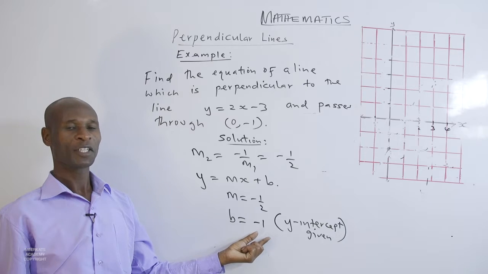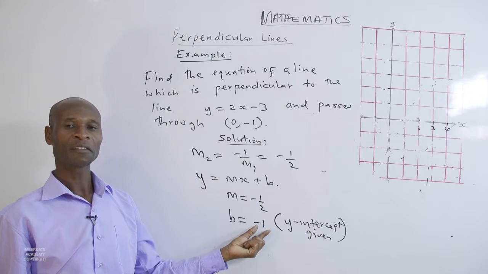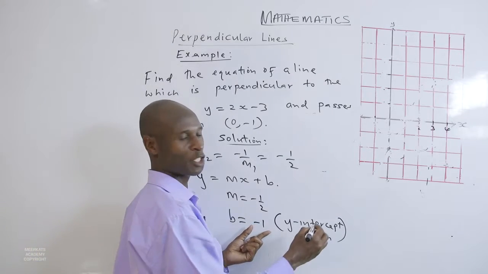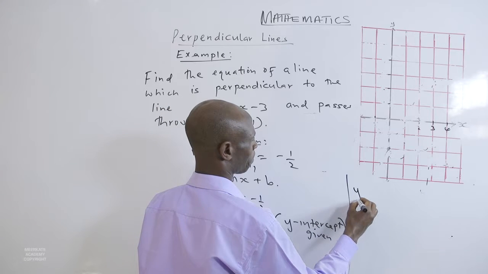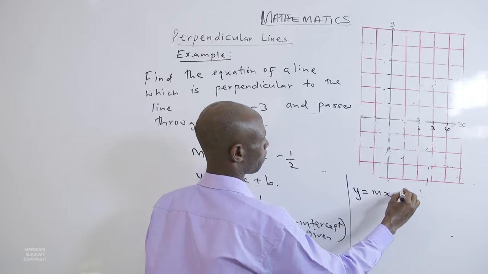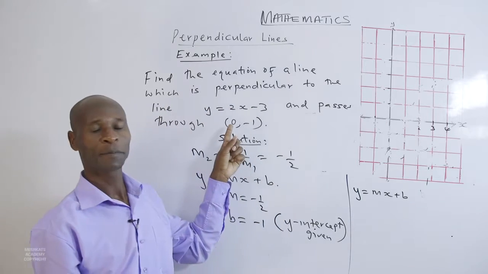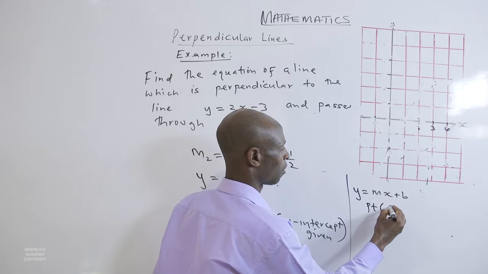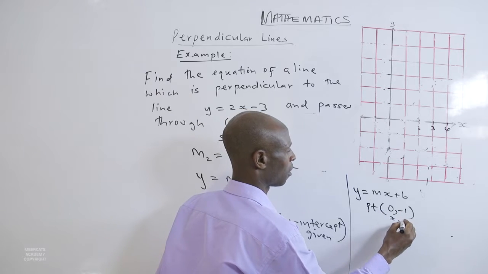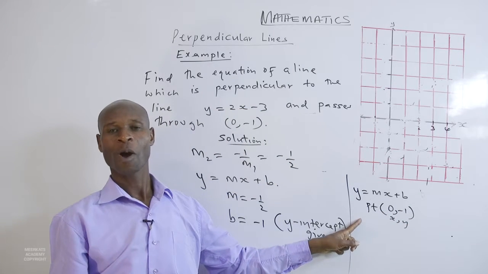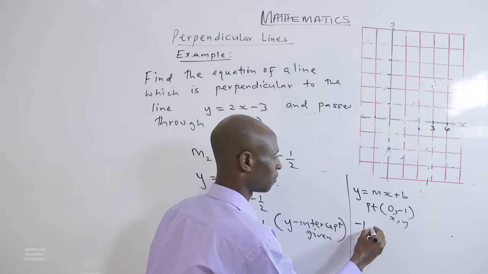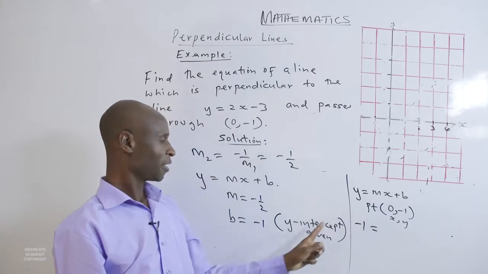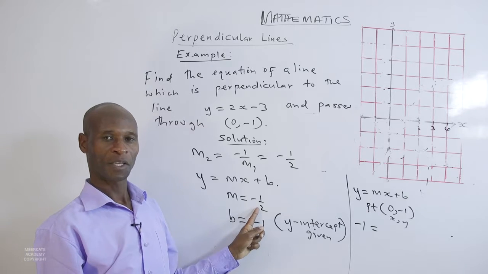Alternatively, to establish that b is -1, we can do substitution. Substitute the point. The value of y is -1. The gradient we have established is -1/2.